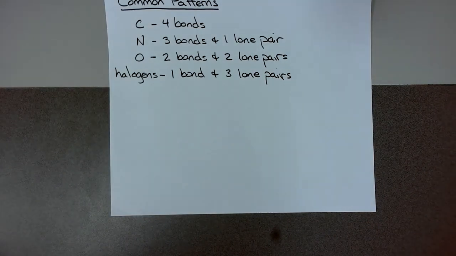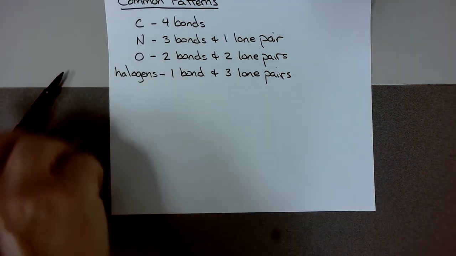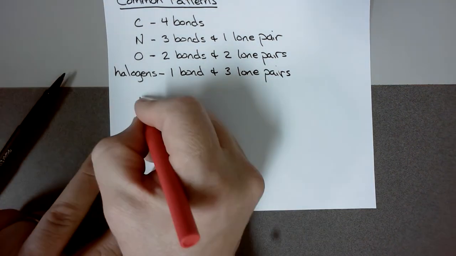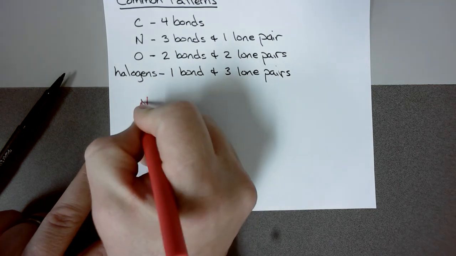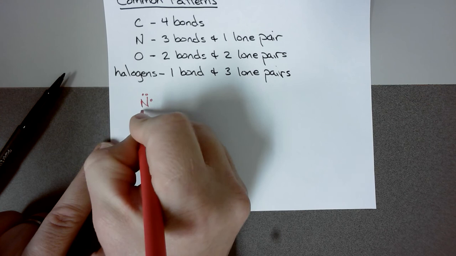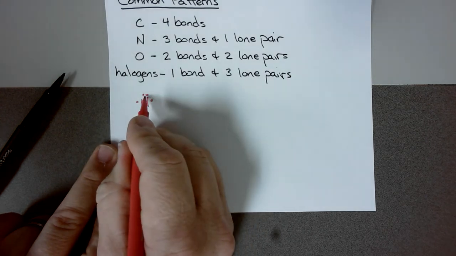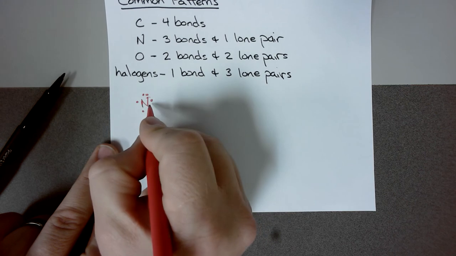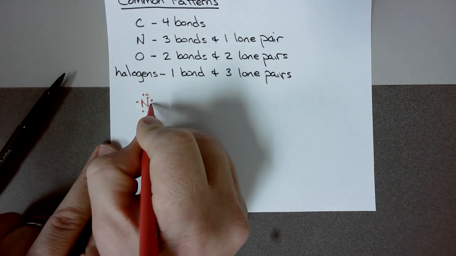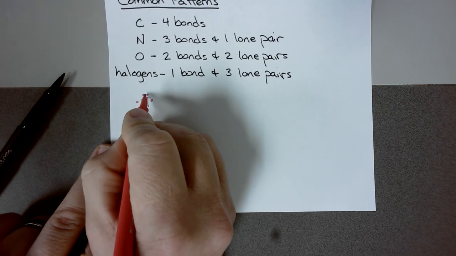And if you think about it, it makes sense, because if I take my nitrogen and I draw the electron dot structure for nitrogen, it's 1, 2, 3, 4, 5. You'll notice that this is paired up, so there's no bonding that will occur here. But I can have a bond here where an electron is shared here, here, and here. So that's 3 bonds and 1 lone pair.